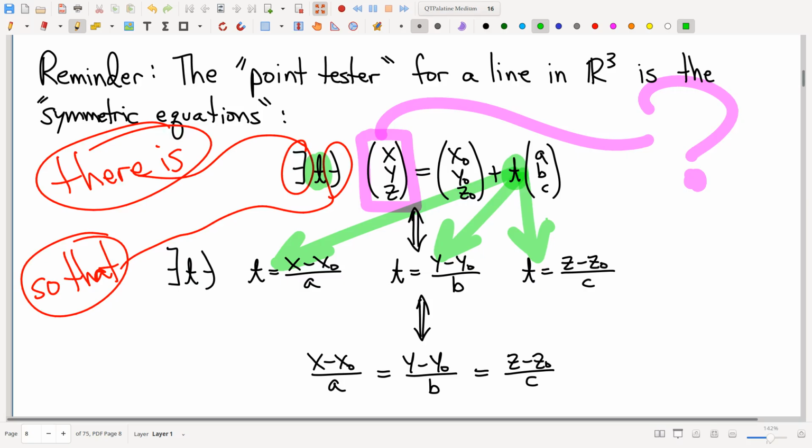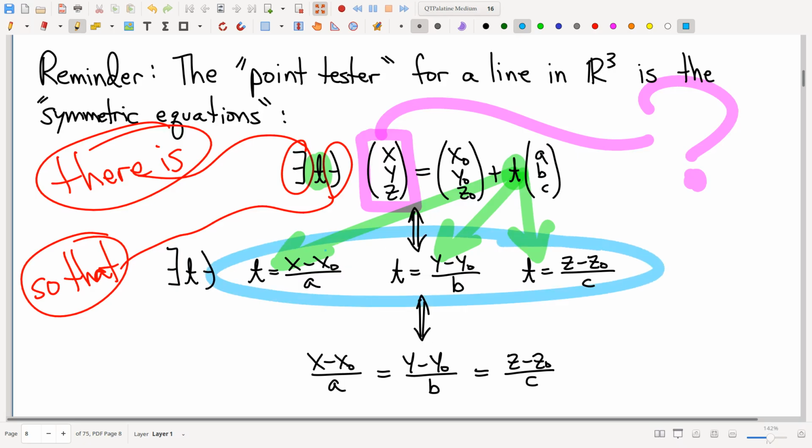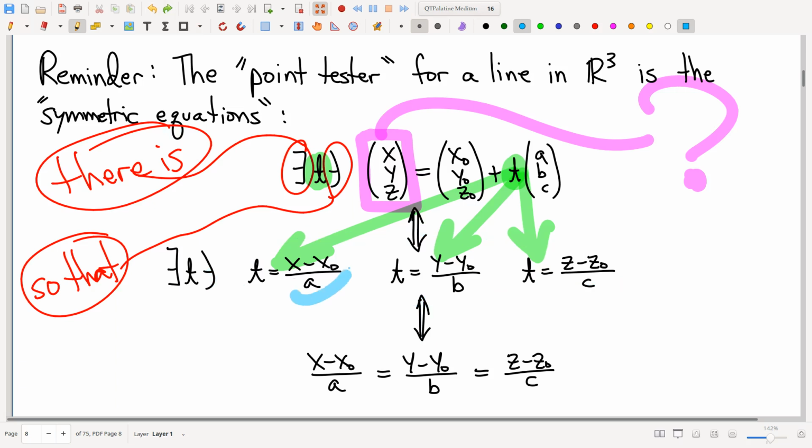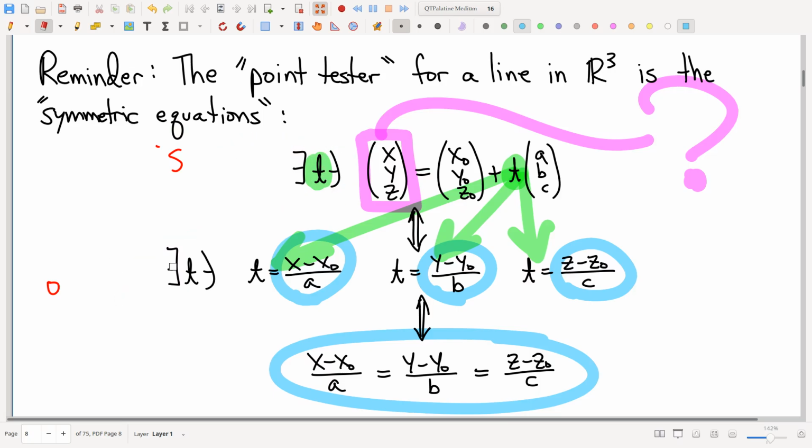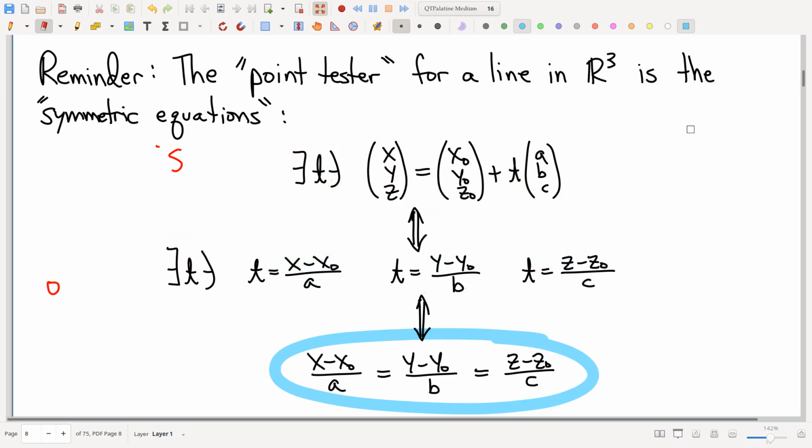And then I just make the simple observation that if there's a value of t that is equal to all three of these things, hey, wait a minute. How can there be a single value of t that equals three different things? And the answer is, the only way that's possible is if those three things are equal to each other. And so that's the point tester.